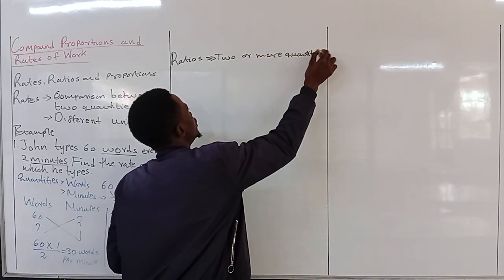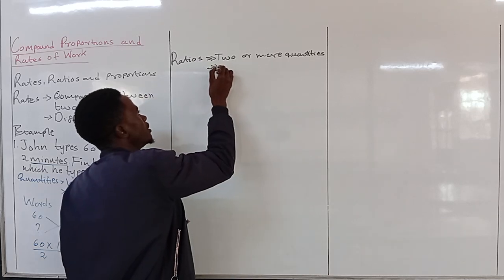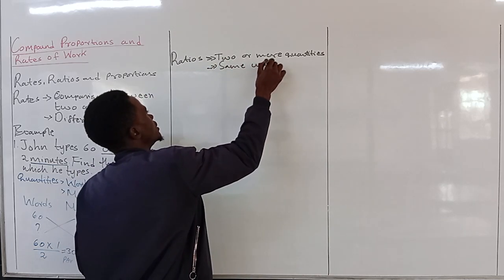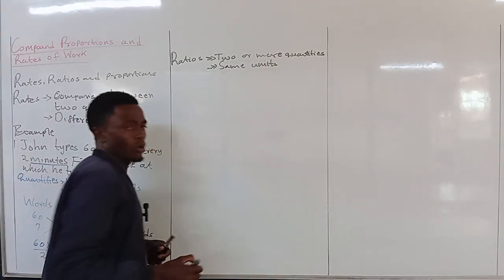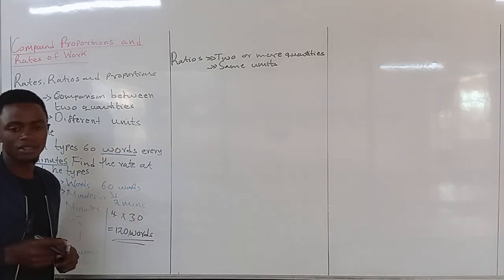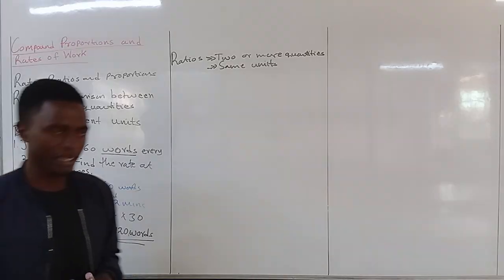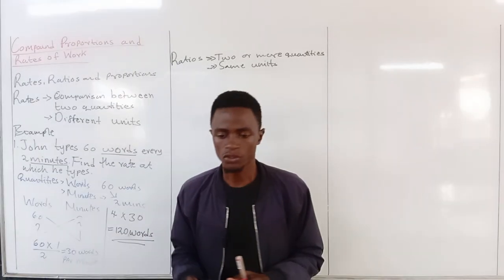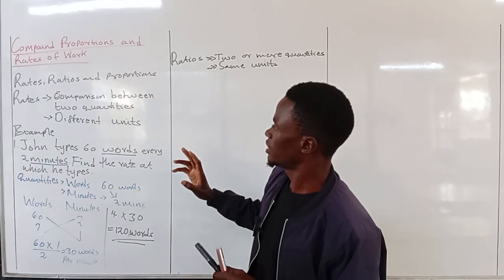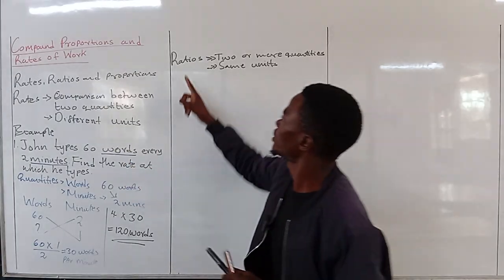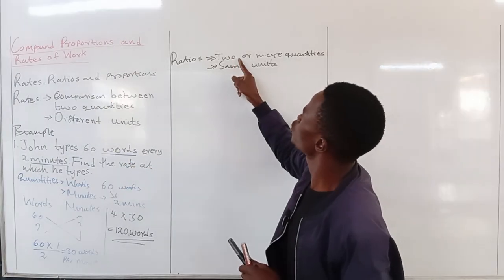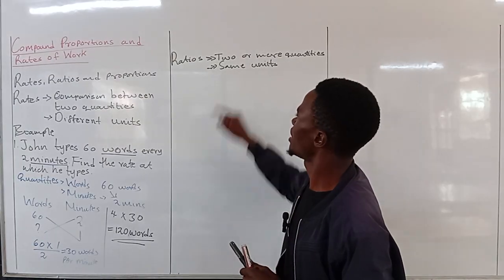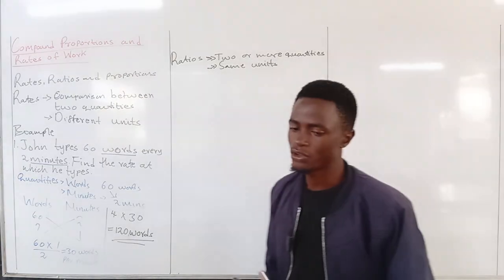Now, the second condition is that they must be of the same units. On the same units, it means that if it has to be seconds, it has to be seconds; kilometers and another quantity of kilometers. So in this case, number 1, for our ratios, we are comparing 2 or more quantities. And condition number 2, they must be of the same units.